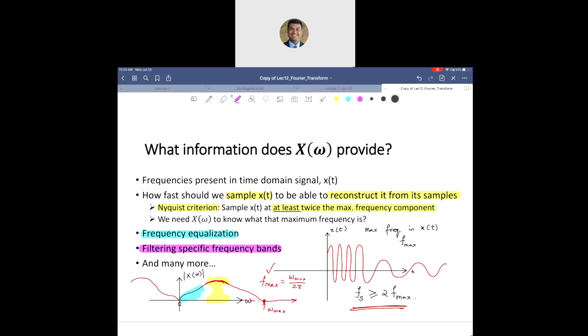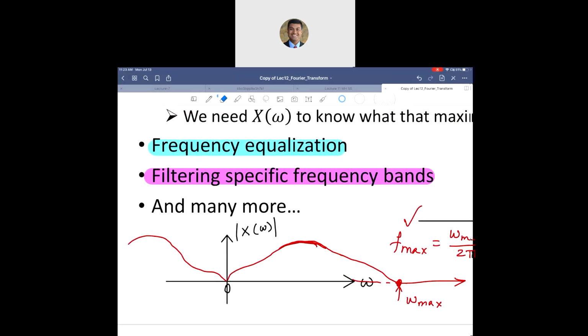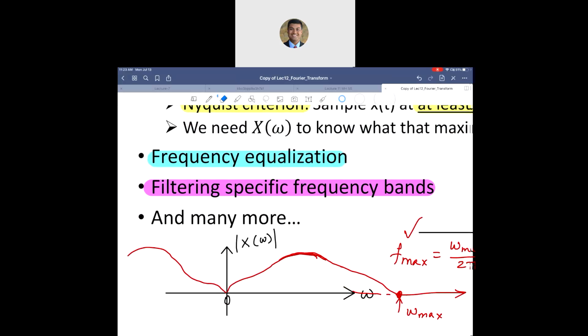All right. Now I need you guys to participate a little bit. Suppose you only know the frequency domain. You only know the Fourier transform of the signal.